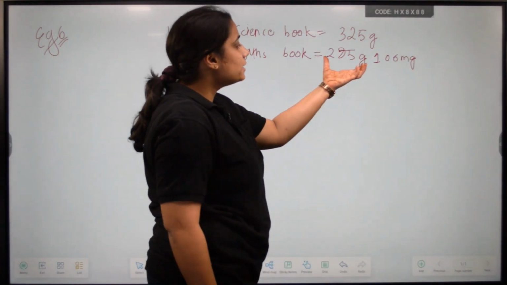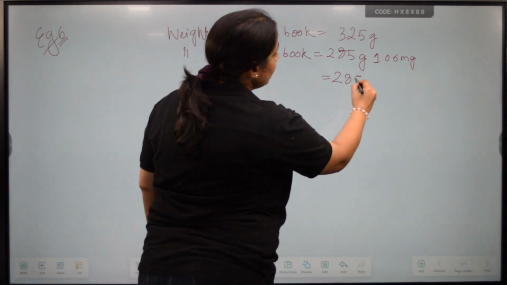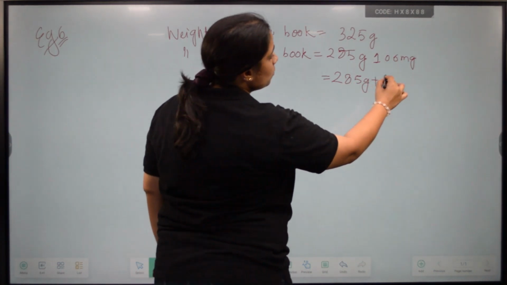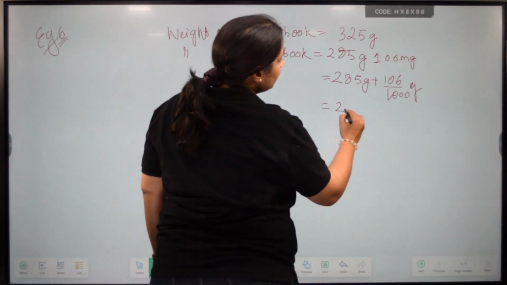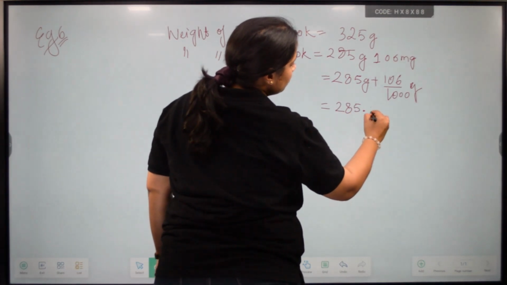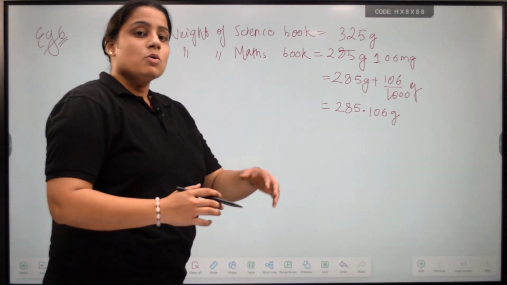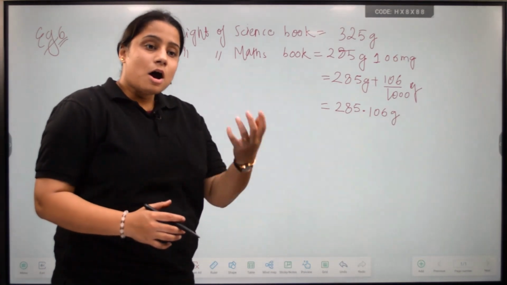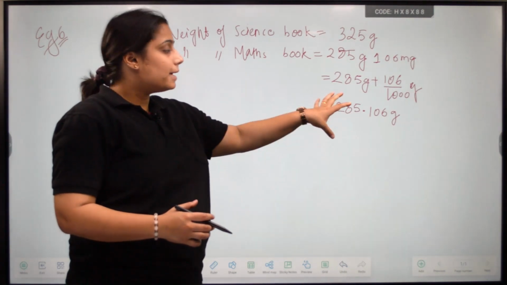I'm going to convert this weight into grams. It will be 285 grams plus 106 by 1000 grams. So it will be 285.106 grams. Now we have to find by how much the science book is heavier than the maths book.